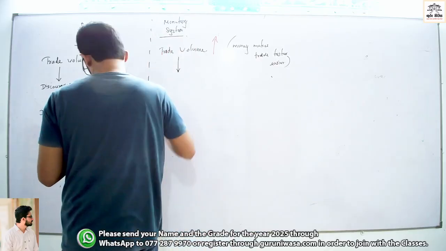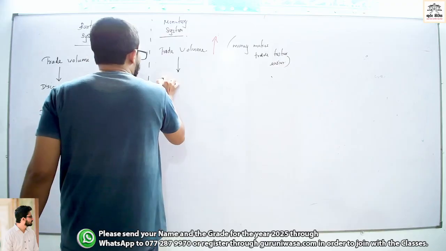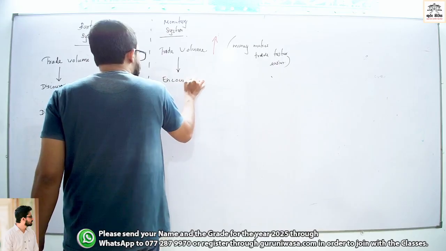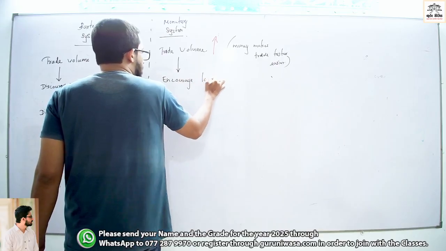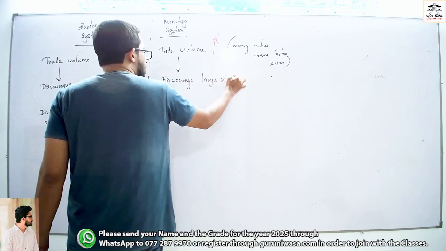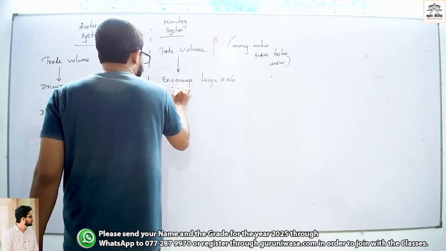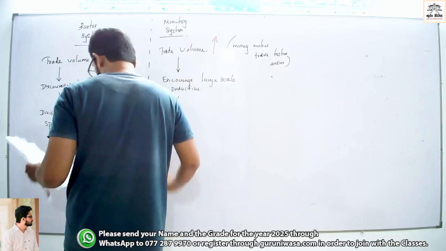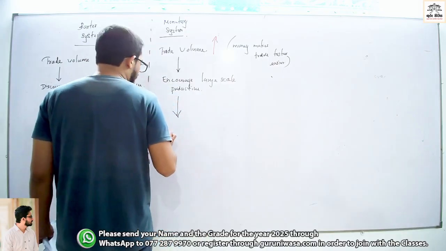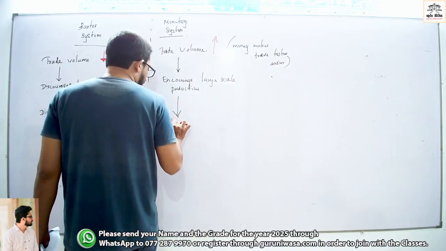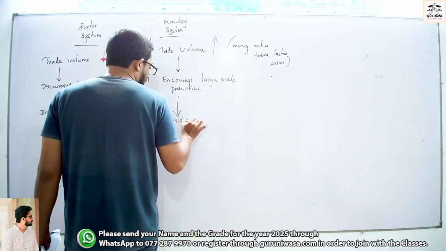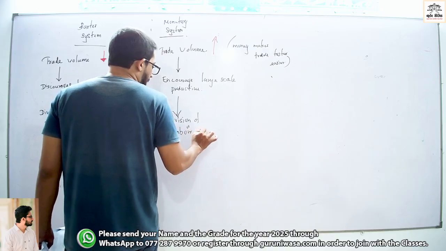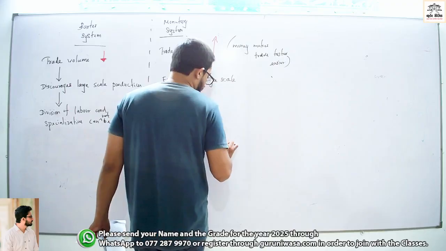Trade volume being high means it encourages large scale production. If there's large scale production, we can apply division of labor and specialization.